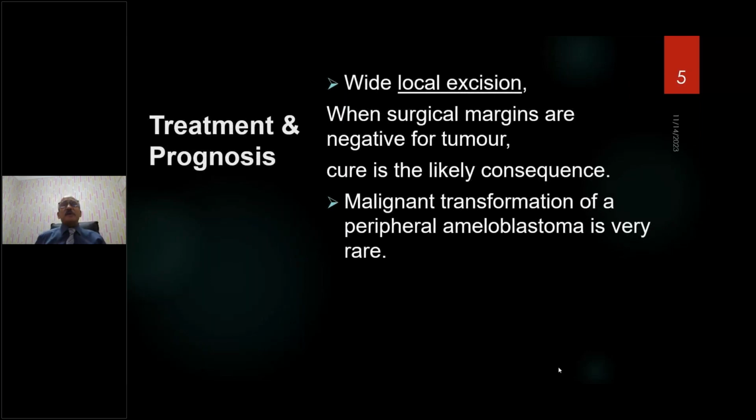Then what's the treatment of this type of tumor? Definitely the treatment is local excision. If the diagnosis is confirmed and the lesion is visible, it's easy to go for direct excision, especially with the peripheral type. Since there is a lesion, the patient will seek a treatment plan and come to you to ask what this is.